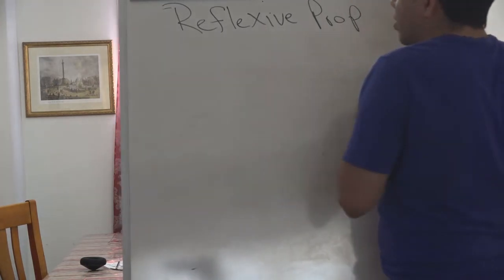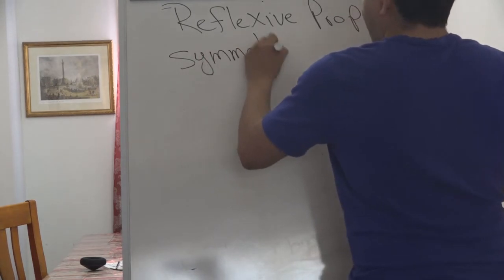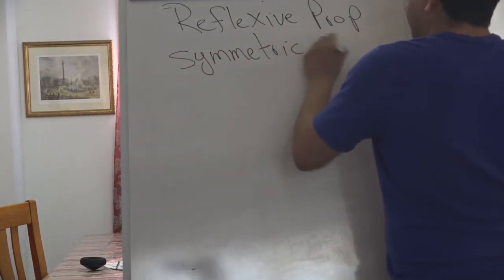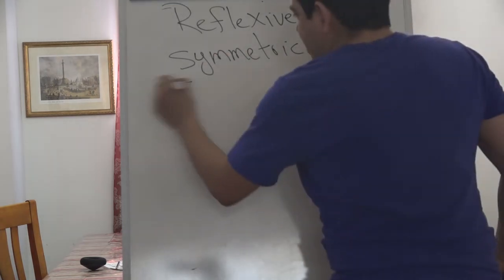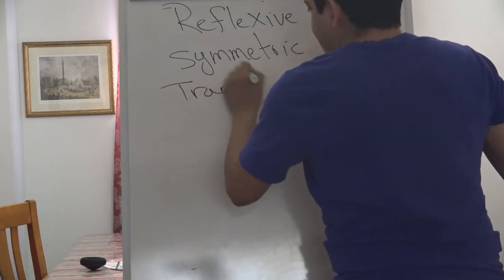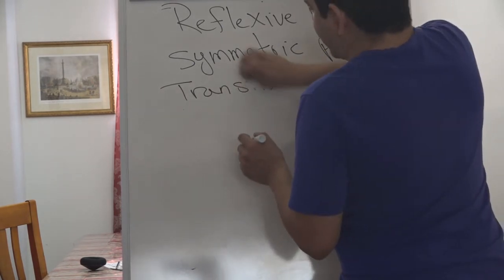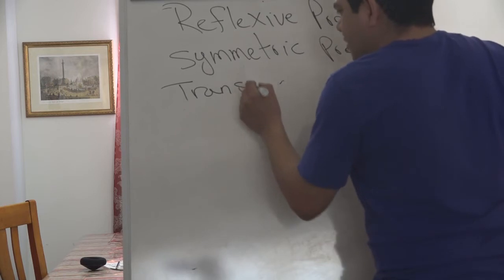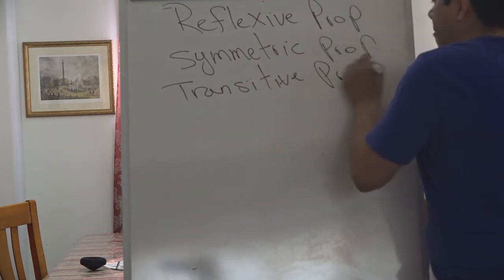Okay? So that's one. Then, what else did we use? We used the symmetric property. The other one that we used was the transitive property. Learn how to spell it, Becca? Transitive property.